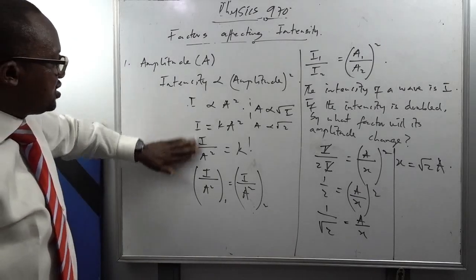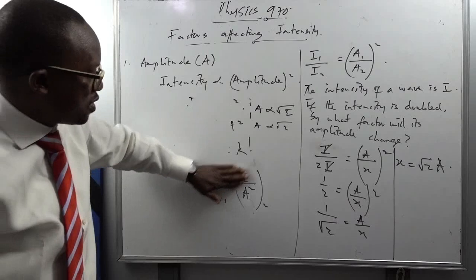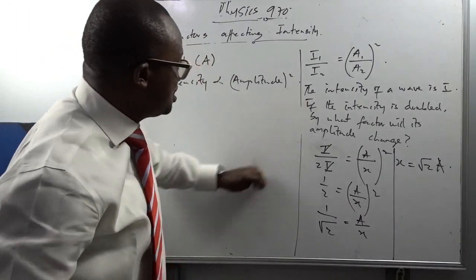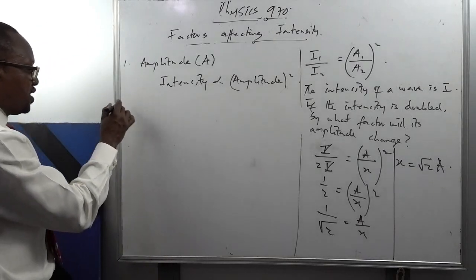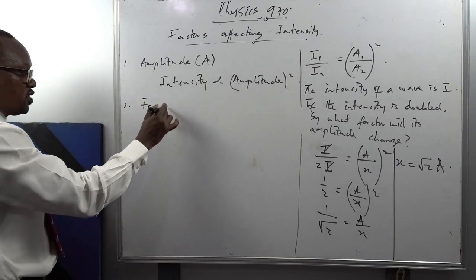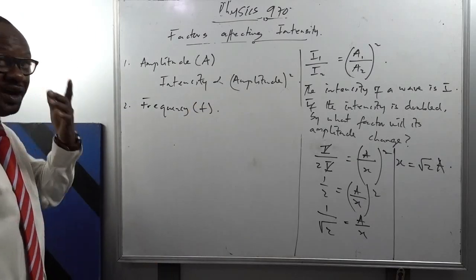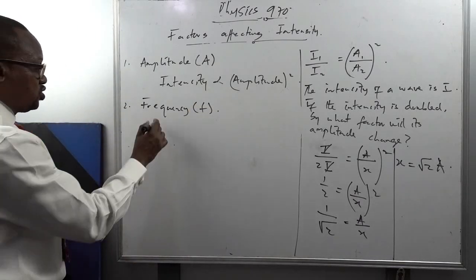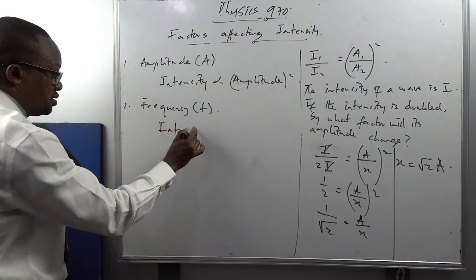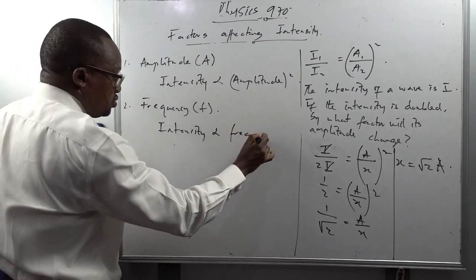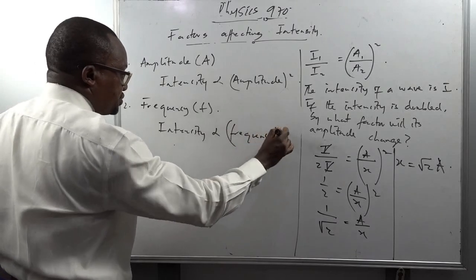The second property that affects intensity is frequency, F. How does frequency affect intensity? Also, intensity is proportional to frequency squared.